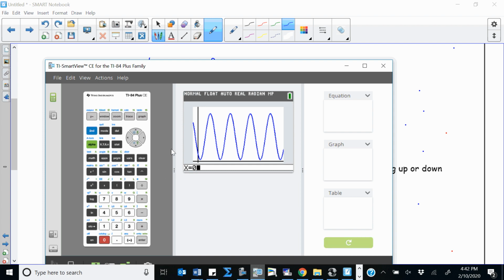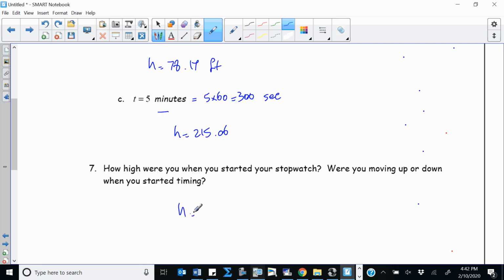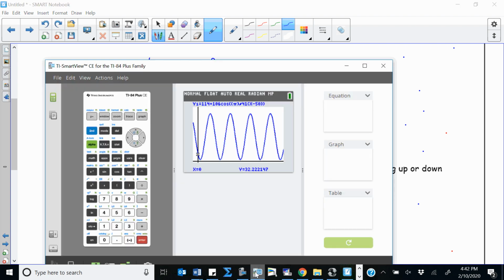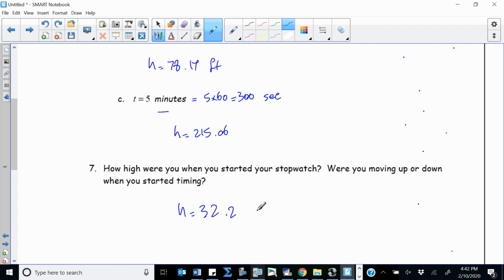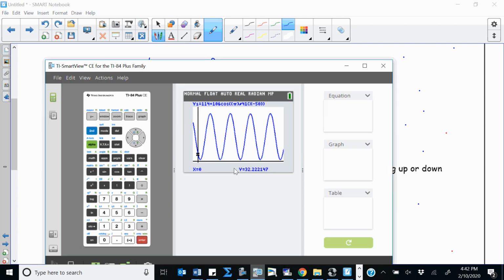So what was my height when I started my time? It was 32 point something, 0.2 feet. Were we moving up or down at that point? We were moving down because the height is decreasing.